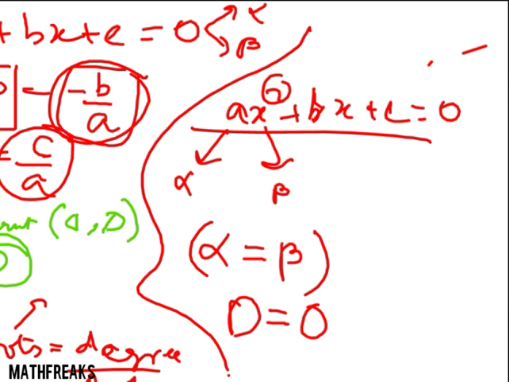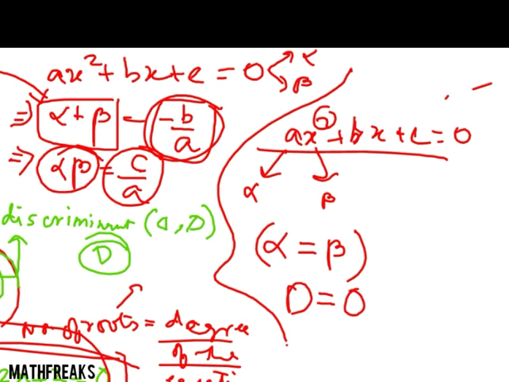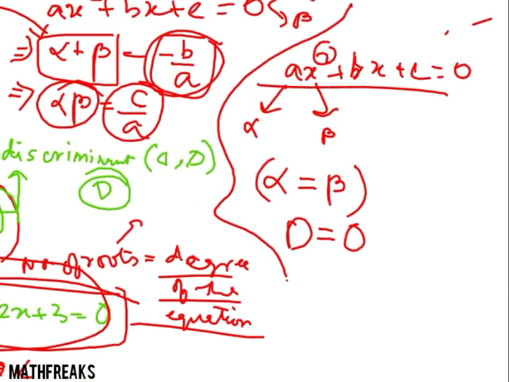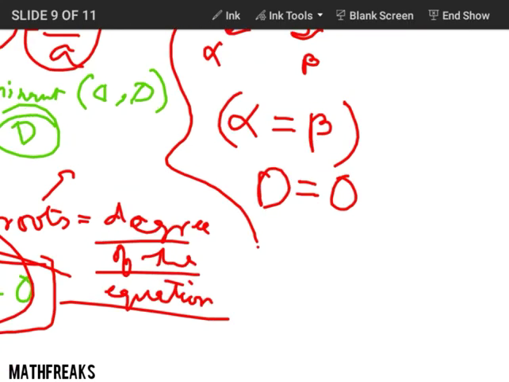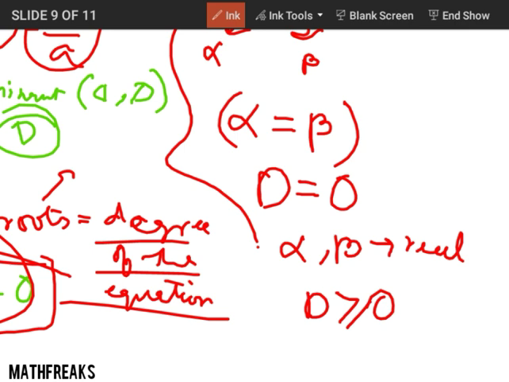We are going to show you some graphs of this particular section. It will have all the concepts that we are discussing. You can understand it by the graphs. Second is that if alpha and beta are real, then the discriminant has to be greater than or equal to 0.